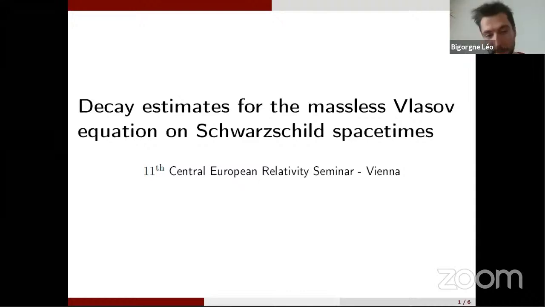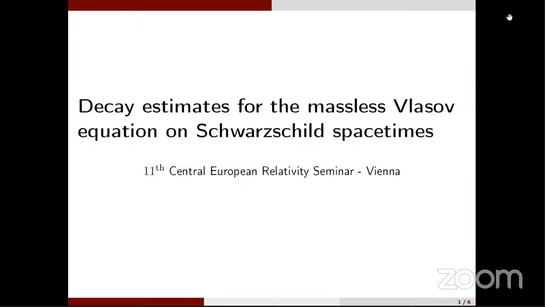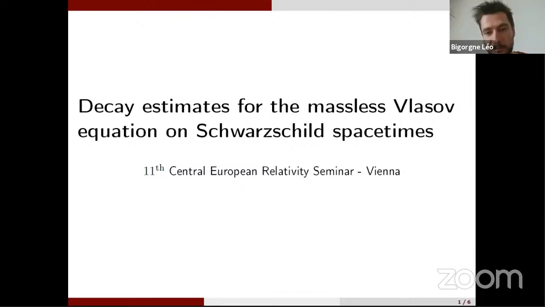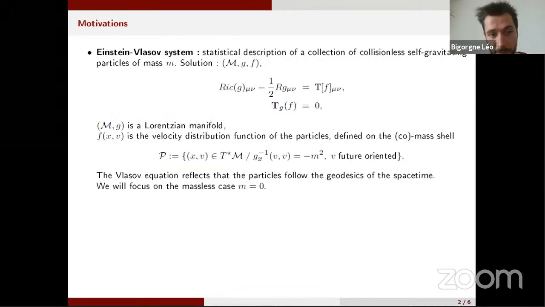Okay. So first of all, thank you very much for the invitation. So my talk will concern decay estimates for the massless Vlasov equation on the exterior of Schwarzschild black holes. In order to give some motivation, let me start by saying a few words about the Einstein-Vlasov system.